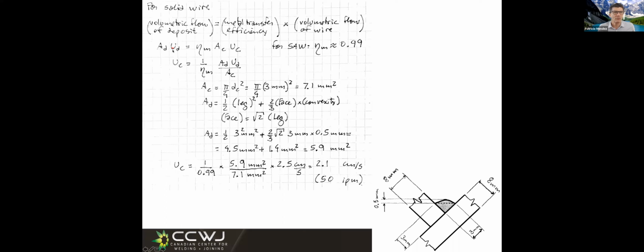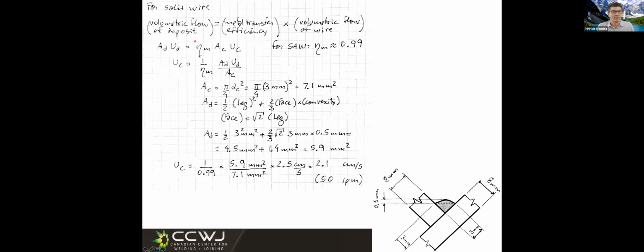Okay, so here we have the formulas we had discussed. We have the cross-sectional area of the weld, which is everything that is in gray, times travel velocity, right? Which was part of the statement. And we have the cross-sectional area of the wire, that because it's a circular cross-section is very easy. You see the wire feed speed is the unknown.